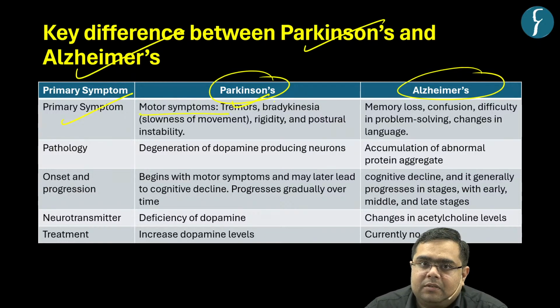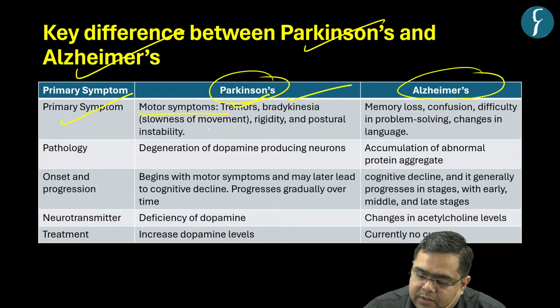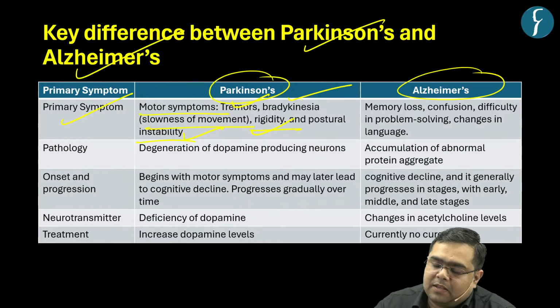Motor symptoms means a person suffering from Parkinson's faces issues such as tremors, that is, their hands shake, and then bradykinesis, that is slowness of movement, rigidity of movement, and postural instability, which are seen in persons suffering from Parkinson's disease.